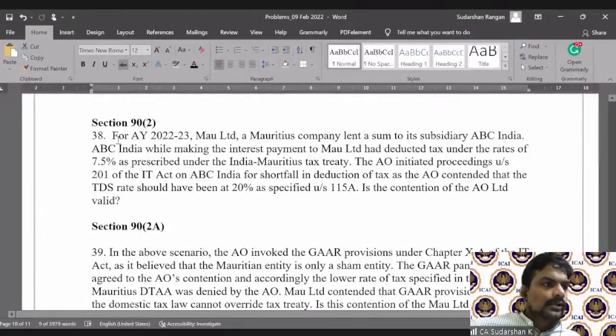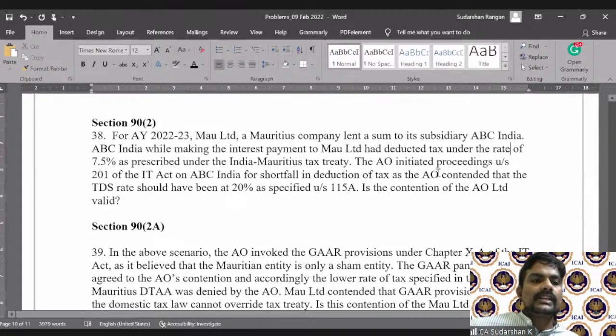I'm just trying to make you understand this better through an example. ABC India, while making the interest payment to Mauritius, deducted tax at the rate of 7.5%, as prescribed under the India-Mauritius tax treaty.